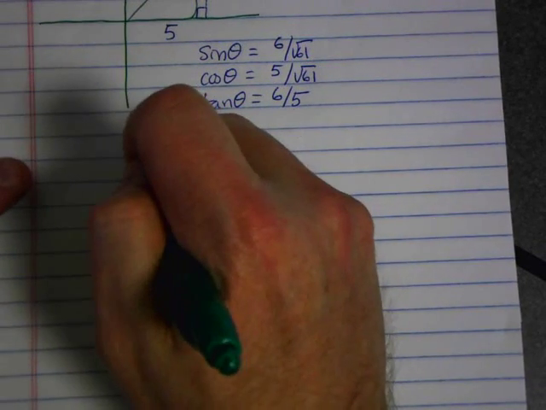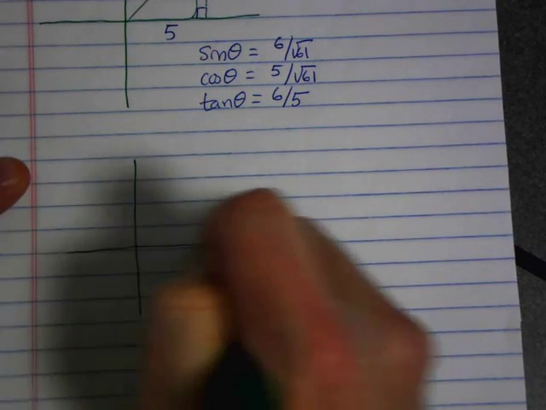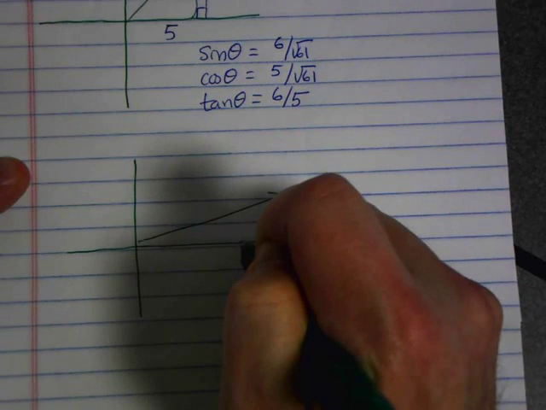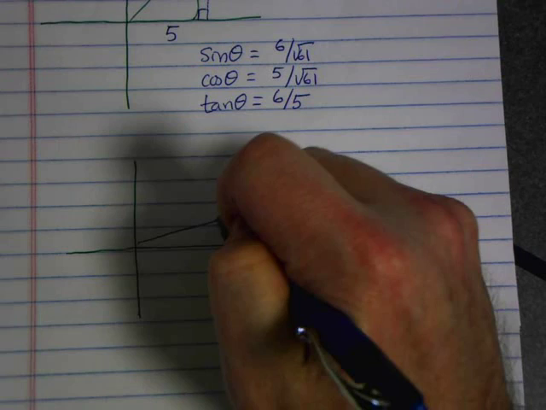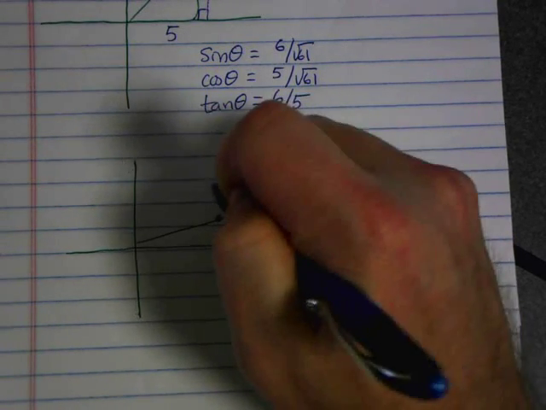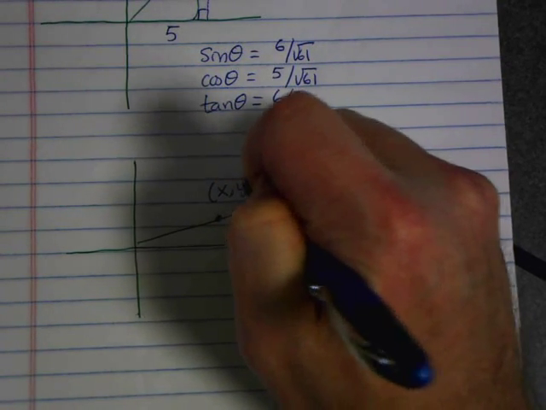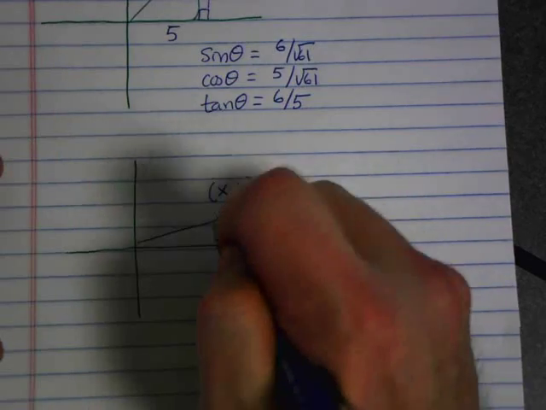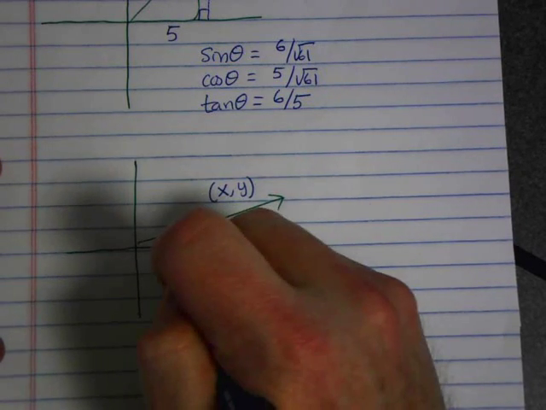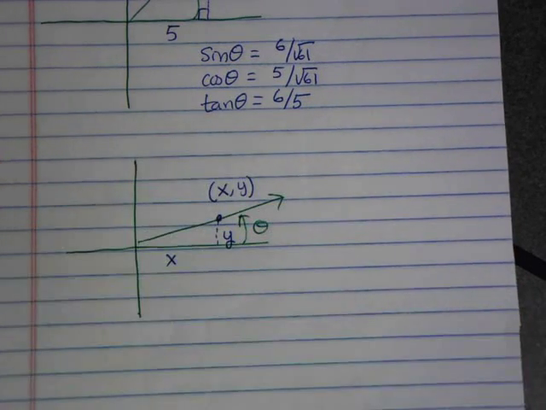Now, typically, here's what we do. Here's some new angle theta. And again, I'm going to give you a point on this, except I'm not even going to give you numbers, I'm going to give you letters. We typically call those x and y, which means this is x, this is y.